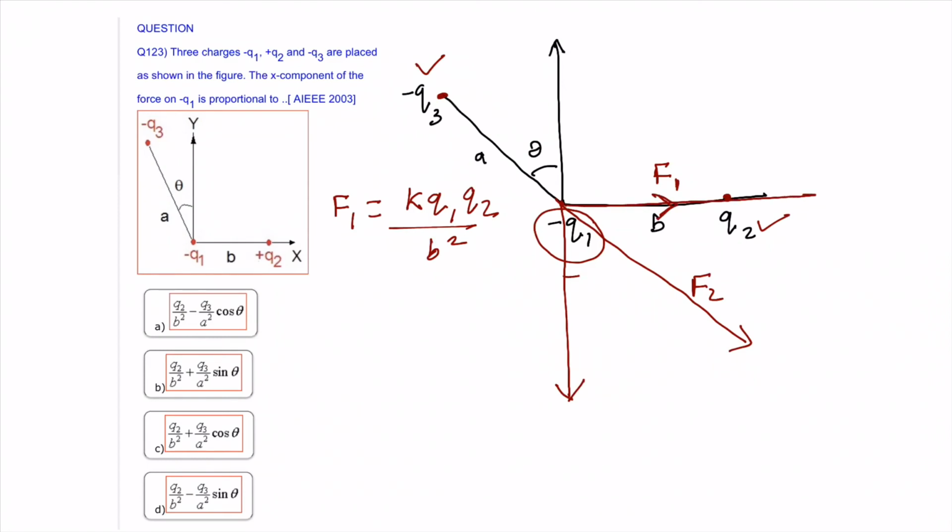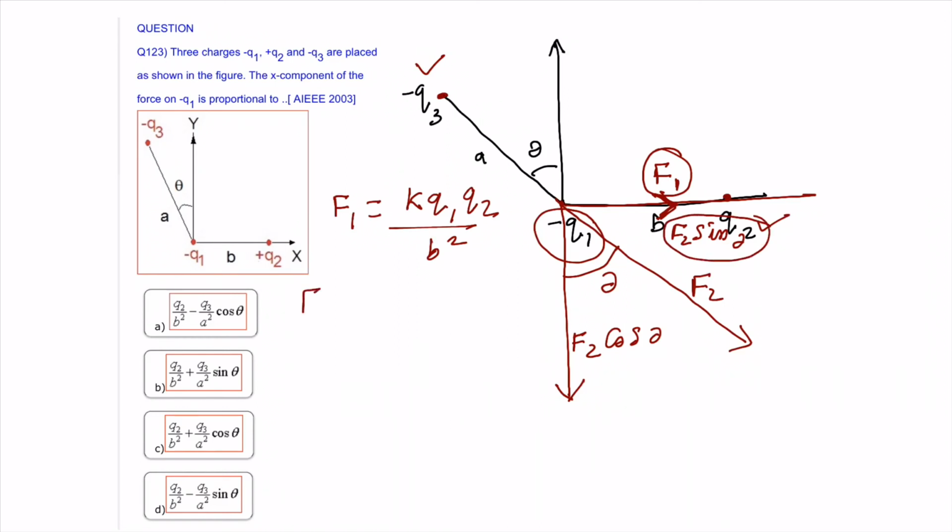Now this angle will be theta. So this will be F2 cos theta, and the one along the x-axis will be F2 sine theta. So the forces on minus Q1 due to the other two charges are F1 and F2 sine theta.